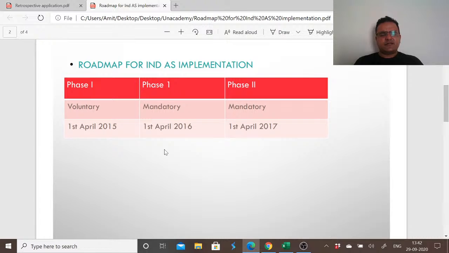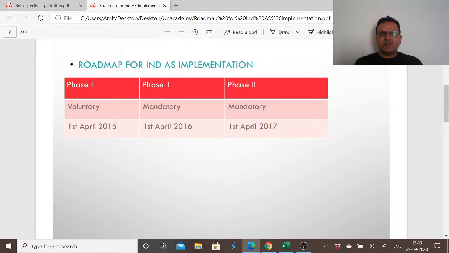So this date is not the date of transition. This date is the financial year date. That Ind AS is voluntarily applicable from financial year beginning 1st April 2015. So we need to read very carefully. It is not the date of transition, it is the applicability in the financial year beginning 1st April 15.